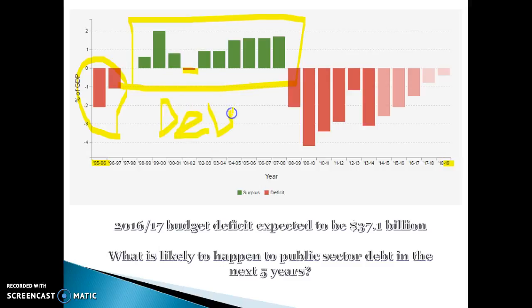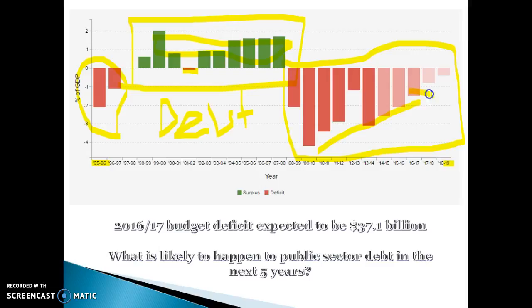By running constant surpluses, by earning more than we spent, we were able to eradicate nearly $200 billion of debt. But unfortunately, over the last 7 or 8 years and into the future, we're going to be running budget deficits, which is going to continue to make our debt grow. Even though these deficits are going down, they are still deficits, so we're still spending more than we're earning. So even in this period here, our debt will still be growing.